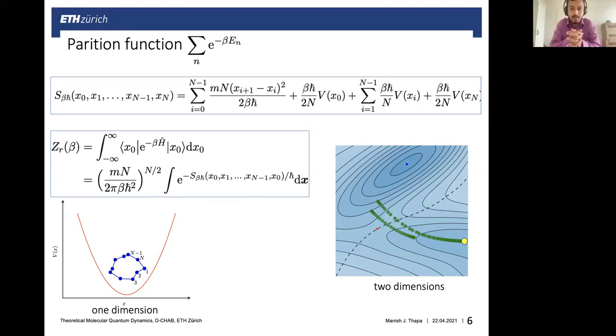One can write it as a trace of the quantum Boltzmann operator and use path integrals to evaluate this quantity efficiently using a Monte Carlo approach, right? And you see this integral is dominated, for the partition function, and we are talking about the reactant partition function, and this is the reactant.